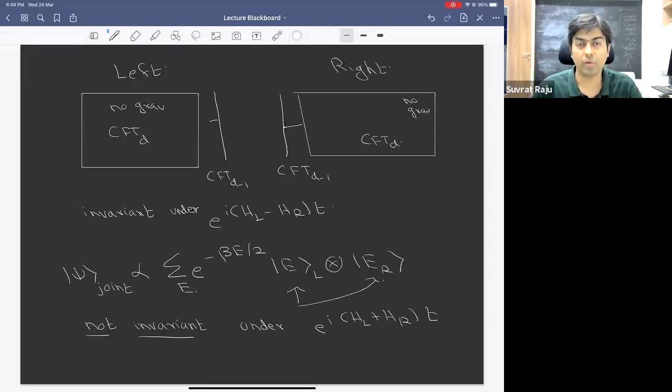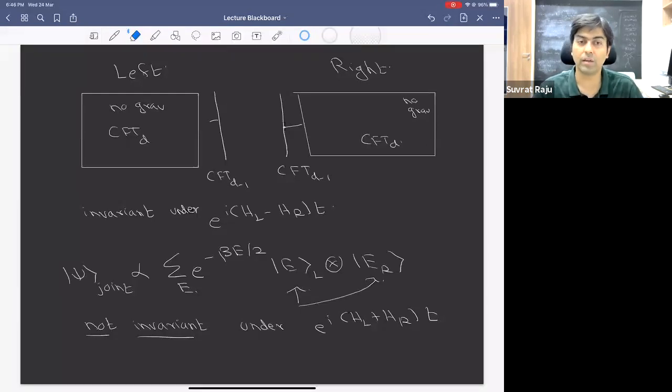right? So if you take time to go forward on both sides, right now we'll say something in gravity, but right now these are just statements about non-gravitational systems. The system is not invariant under the action of e to the i(H_L plus H_R)t, and therefore it makes sense in this system to sometimes ask about joint correlators between some part of the left system and some part of the right system.